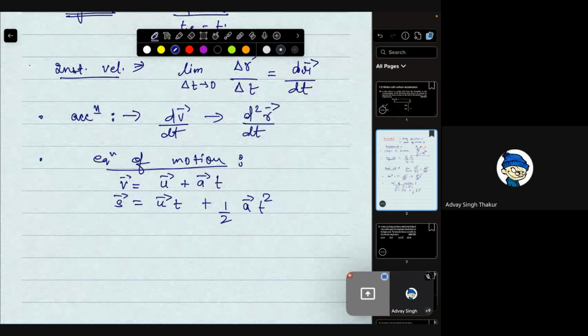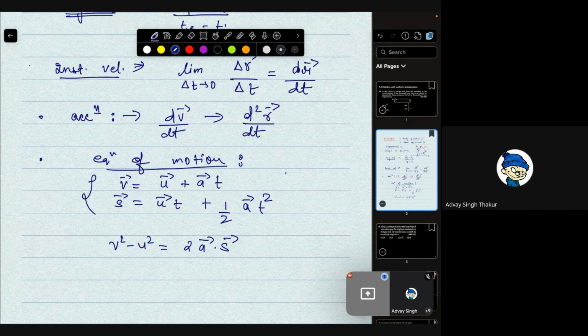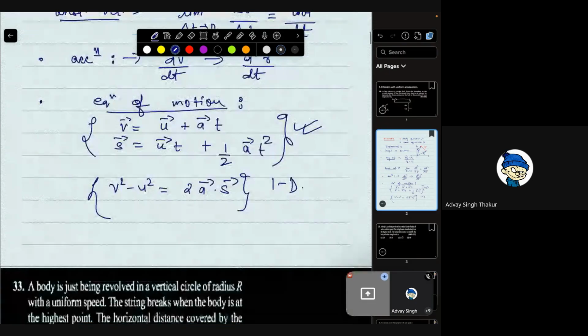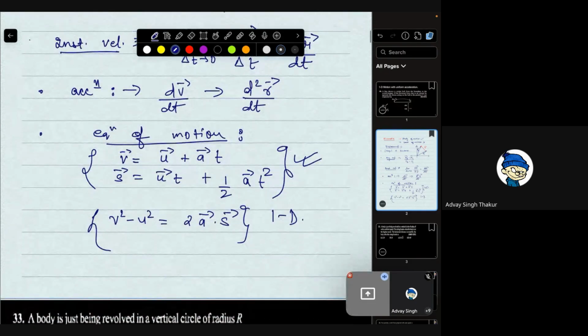I'm writing these formulas in terms of vectors, so you can use them in any situation. v square minus u square is equal to 2 a dot s. In most cases, for 3D application, these two formulas are used, and this one is generally used in one-dimensional problems. One more important thing we have seen is s nth, that is displacement in nth second.